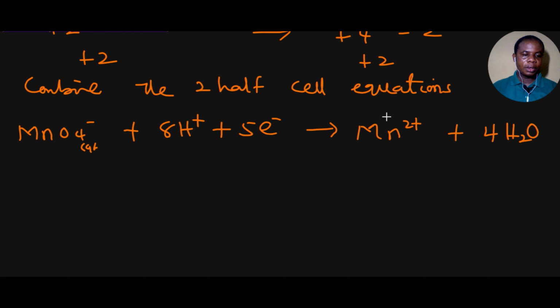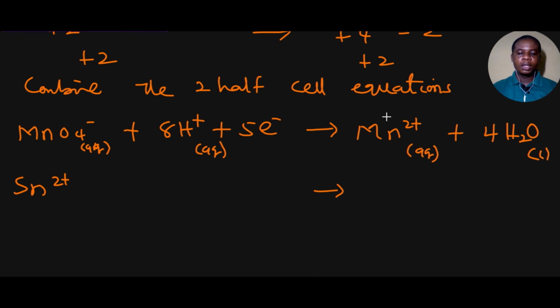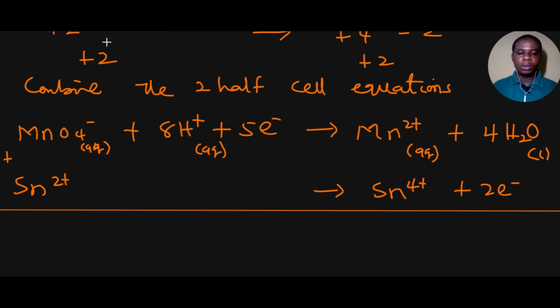This is aqueous, this is aqueous, this is aqueous, and this is liquid, which is reduction. The next one is Sn2+ to Sn4+ plus 2 electrons. You get to know that the number of electrons here is 5 and here it's 2. So I'll multiply this one by 2, then I'll multiply this by 5.